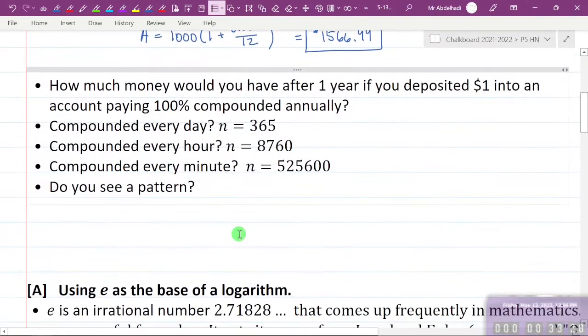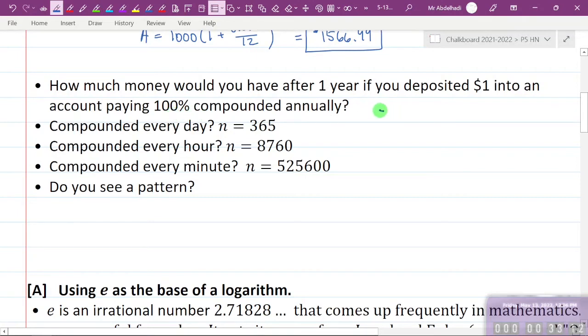So what I want you to do is try these 3 situations: $1 for 1 year at 100% interest rate, which is 1.00 in decimal.